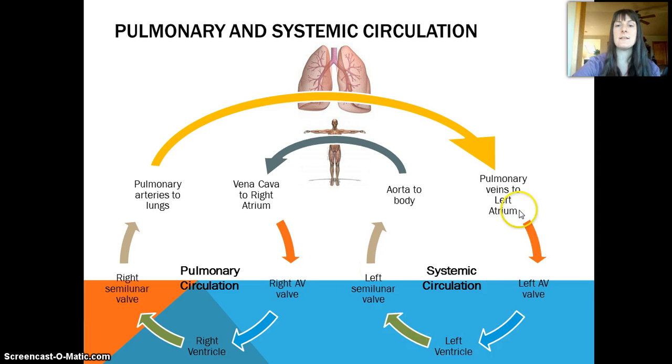Then when that squeezes, the blood will flow through the left semilunar valve, back to the aorta, back to the body. So we have this double circulation, pulmonary circulation, systemic circulation, which means body. Pulmonary, systemic, over and over and over again, so that oxygenated blood can be delivered to the places it needs to be in our body.